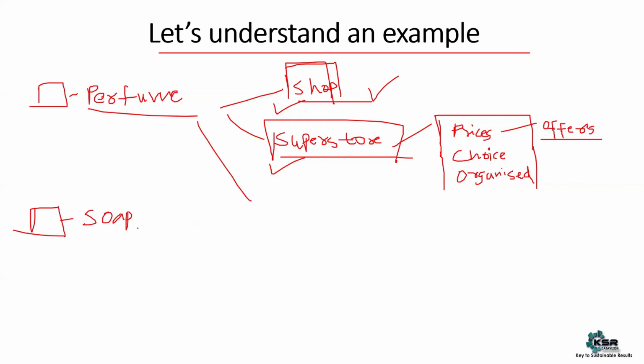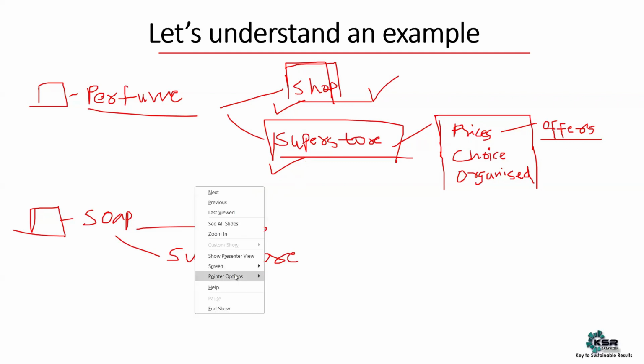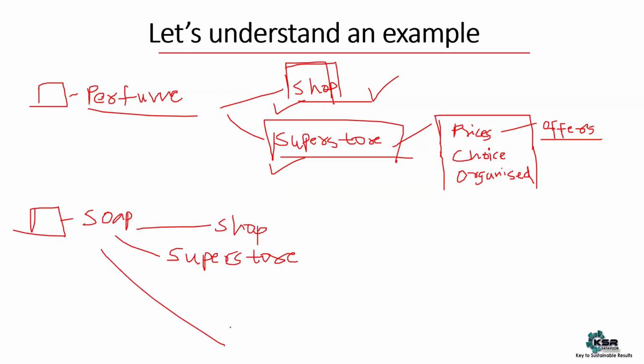So in case of soap, there is a third option. One is a normal shop, a grocery shop. One is a superstore. Now, the last option, the third option, which is being frequently used in today's world, or maybe in the last 2 or 3 years, is online or fast delivery.